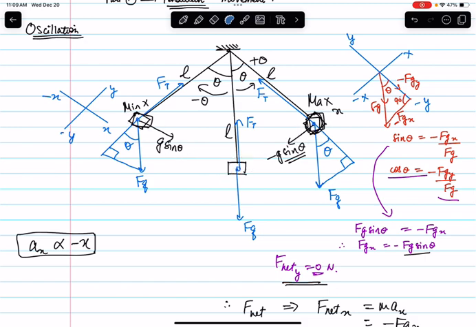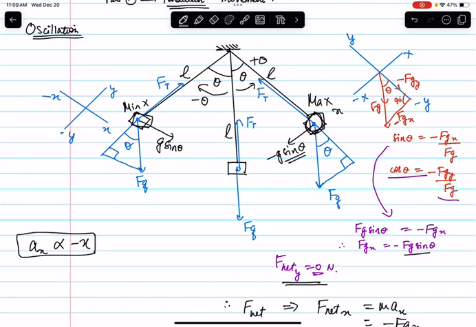So if you go too much to the right, the force wants you to go back to equilibrium. If you go too much to the left, the force wants you to go back to equilibrium. So the net force always acts in such a way that the pendulum goes to its equilibrium position. That's what simple harmonic motion is.